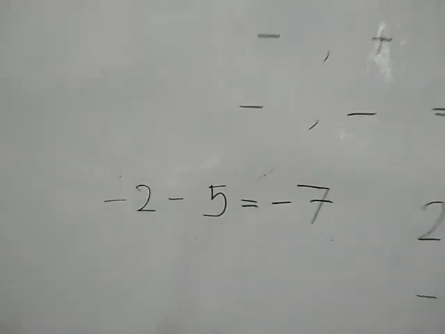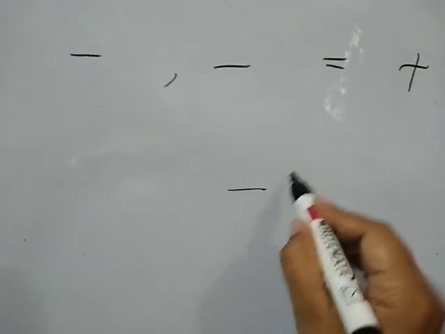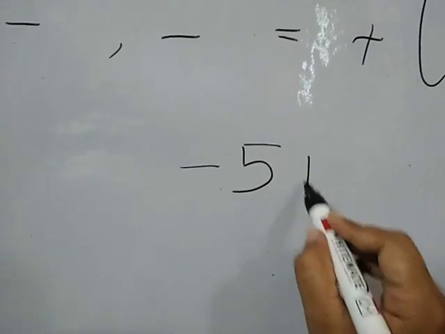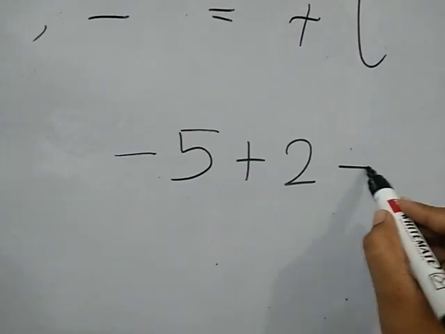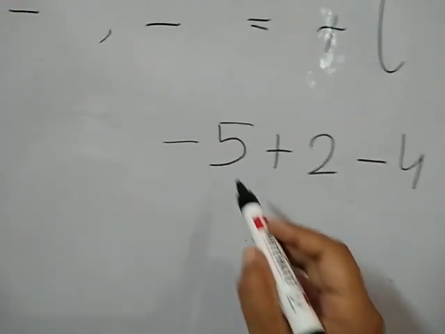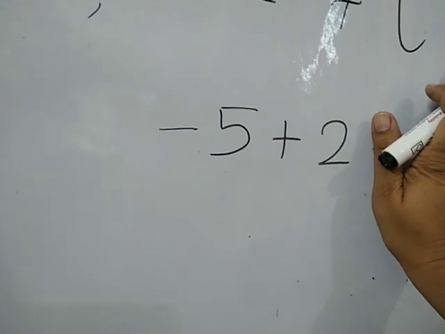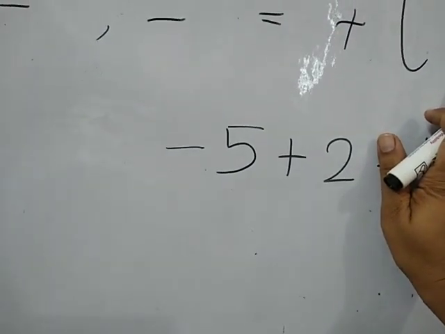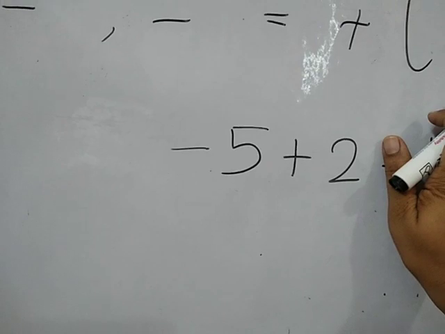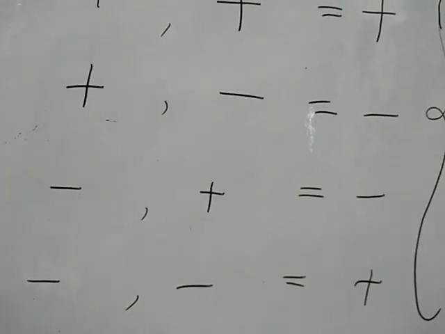Okay, let's take one more example of three numbers. Minus 5 plus 2 minus 4. So first we have minus 5 and plus 2. Minus and plus will be negative.